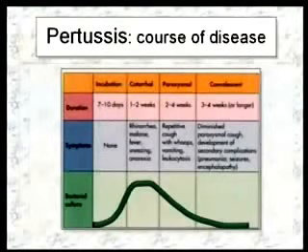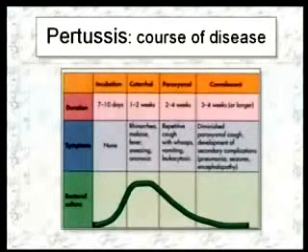The symptoms of the disease can be divided into 3 stages. A catarrhal stage, which is about 7 to 10 days after exposure to the organism, depending on the bolus of infection. The severity and the incubation period will depend on that. The catarrhal stage lasts 1 to 2 weeks.